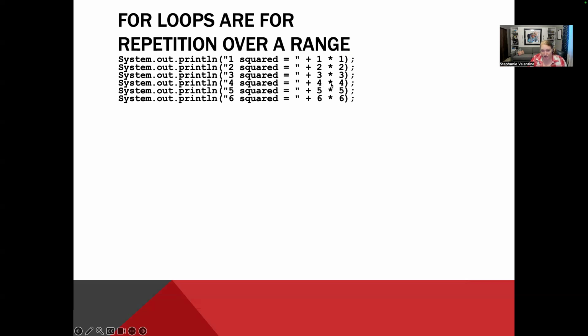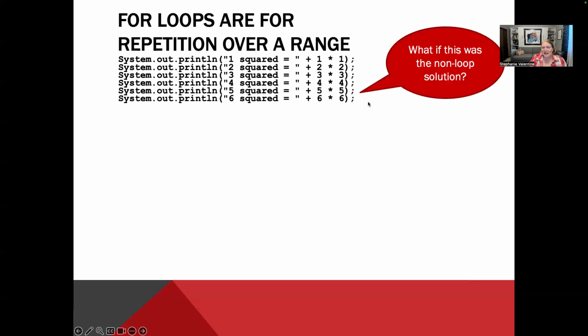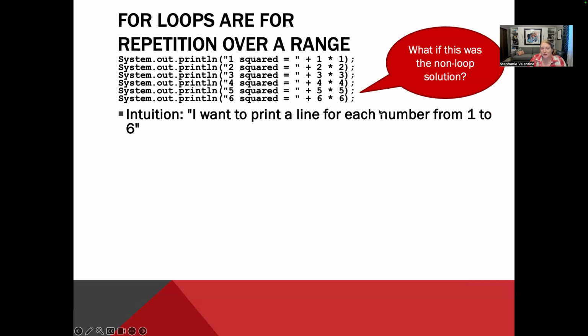We had to make sure that if we were copying and pasting, we did it very specifically, making sure that we've made all of the changes necessary. If this was a non-loop solution, what if we had to go all the way up to like 700? This would take forever. It would take 700 lines, and we don't want that at all.